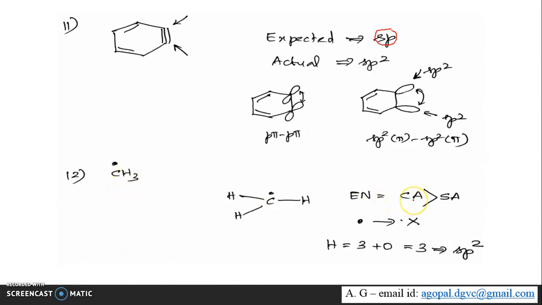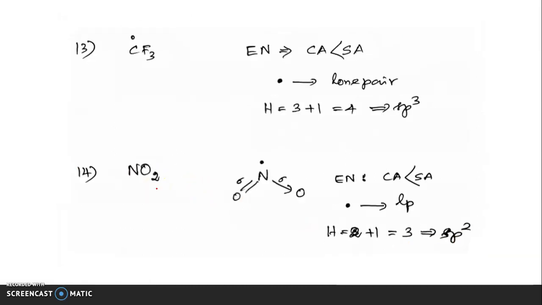So the electronegativity of the central atom is greater than the surrounding atom. Whenever the electronegativity of the central atom is greater, you need not consider that radical. Therefore H is equal to 3 sigma bonds plus no lone pair, so the answer is 3. Therefore the hybridization is sp2. So methyl radical hybridization is sp2.